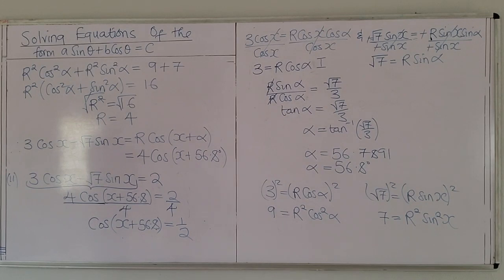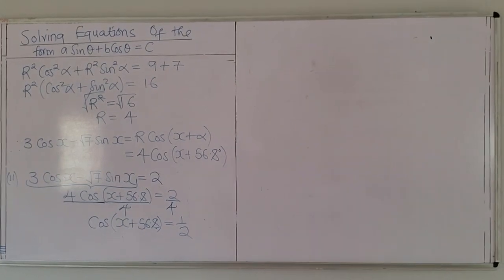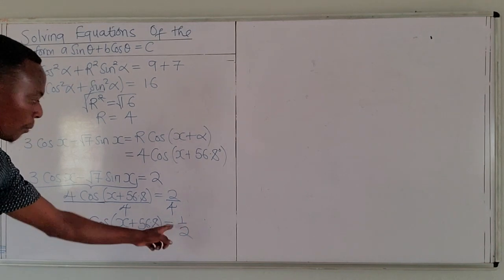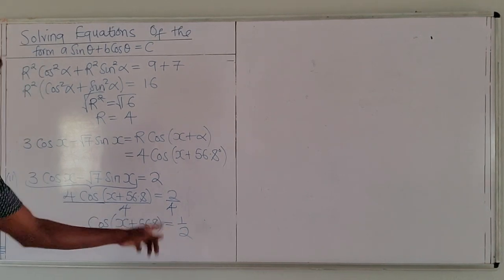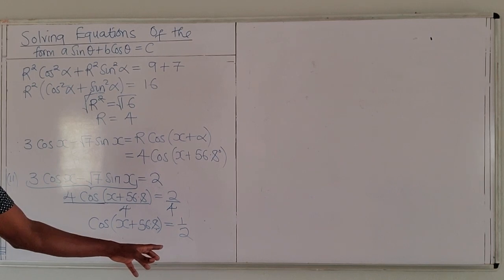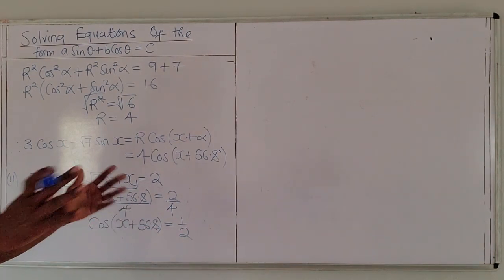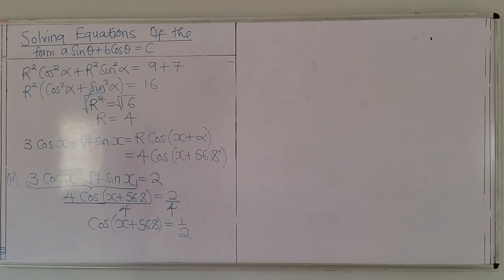So now this reduces into a quadratic equation. Now, for the fact that cos this angle is equal to half, it means that this is positive. It means that we are going to go in the quadrants in which cosine is positive. And those quadrants are quadrant 1 and quadrant 4.